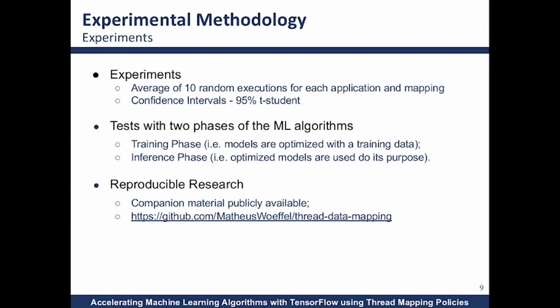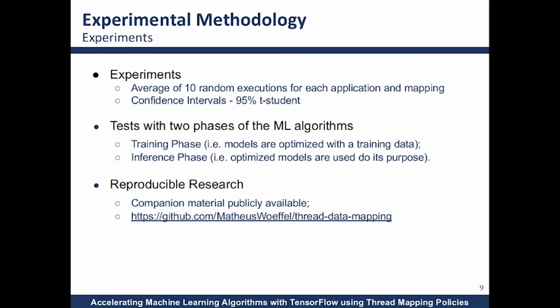In the next set of results we report the means and the confidence intervals of these executions.